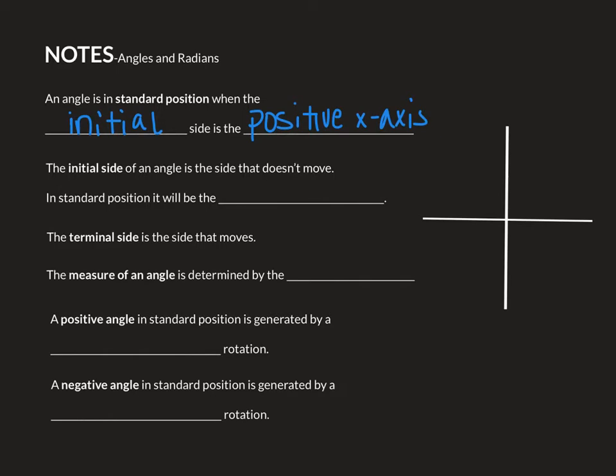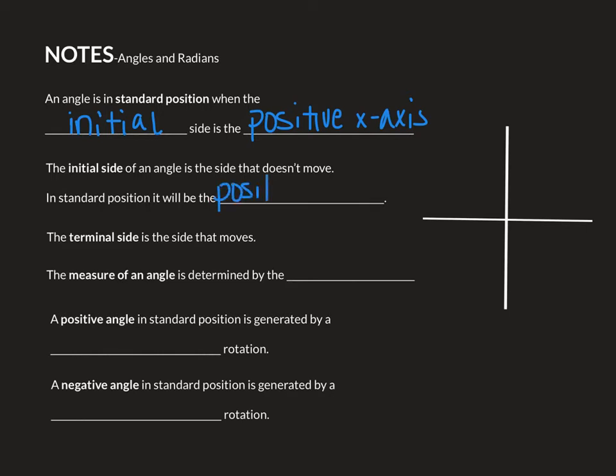Okay, so an angle is in standard position when the initial side is the positive x-axis. What does that even mean? Well, to be able to explain it, we need to know what the initial side is. And we can see that the initial side of an angle is the side that doesn't move. When it's in standard position, this will be the positive x-axis.